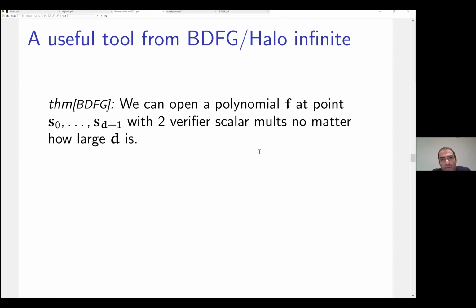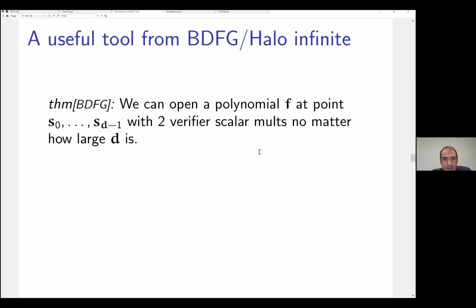So one important tool for our work is this theorem from this work with Bonneau, Drake, and Fisch that evolved into this paper called Halo Infinite.